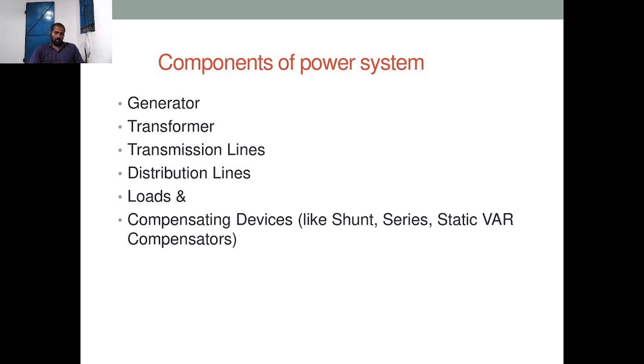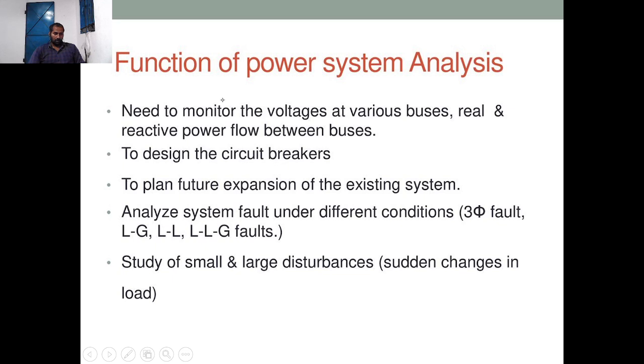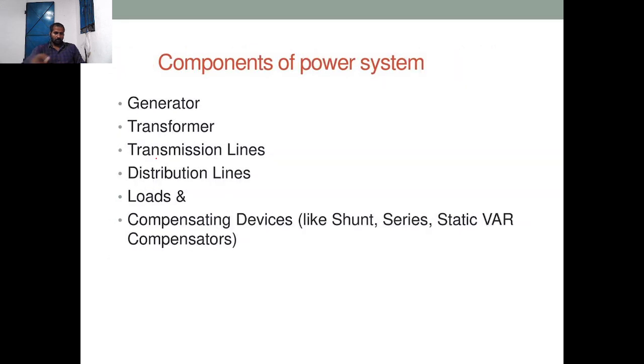Next, the components of the power system. If we take any power system, it will have one generator, then one transformer, and then the transmission line to transmit the power, the distribution lines, the loads, and the compensating devices, right?